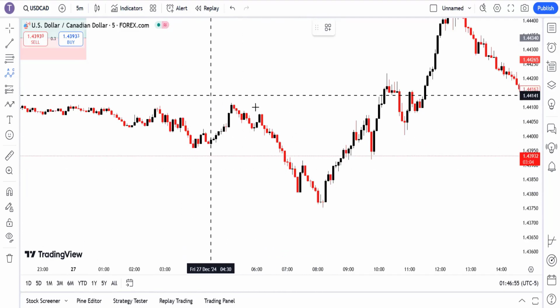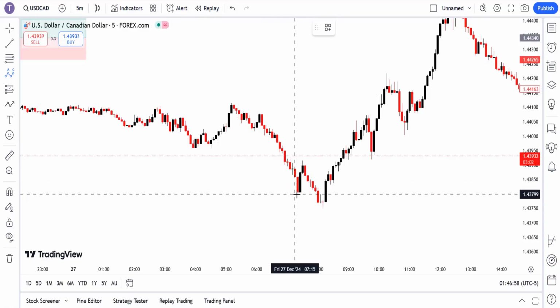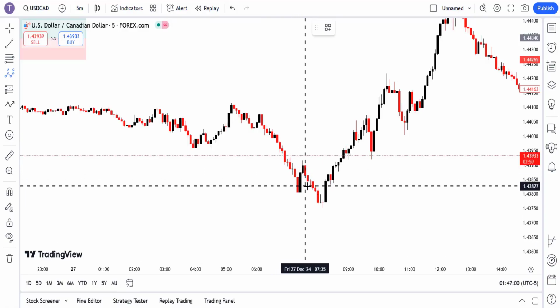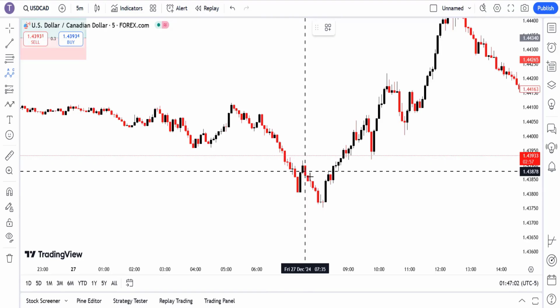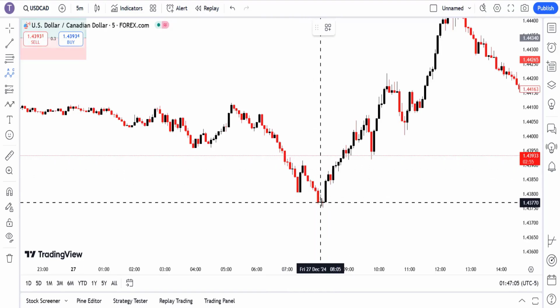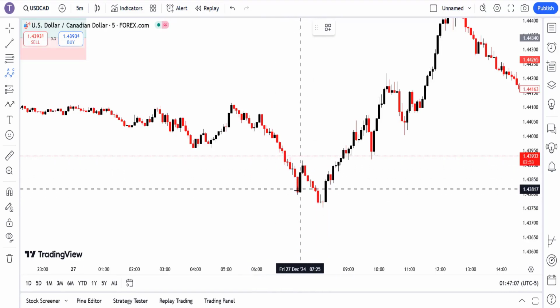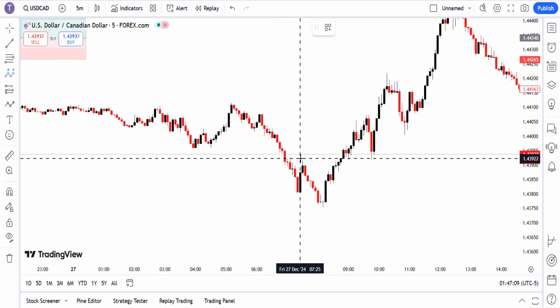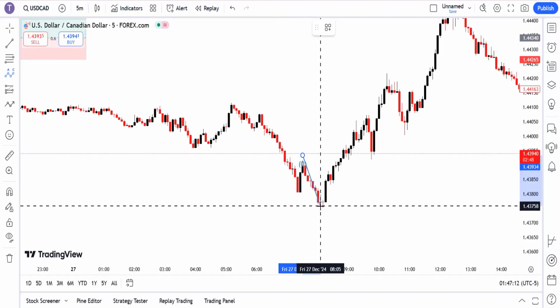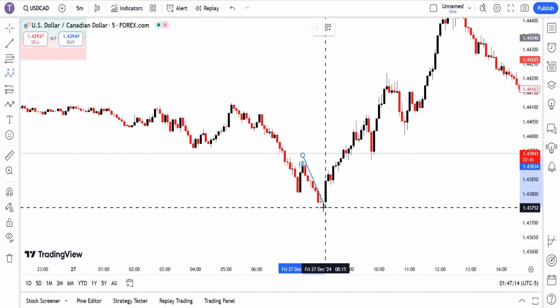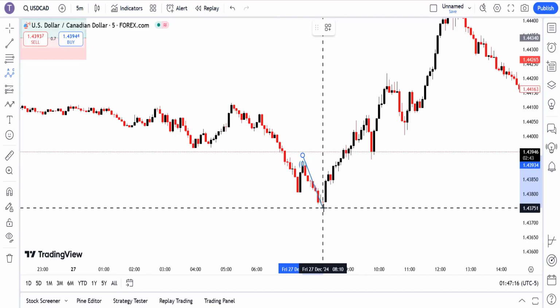Once price creates a low, for example, you notice that this is a lower low, this is a short-term swing high, and price takes out this swing low. This is called the A leg, which is the 1 swing reversal pattern.